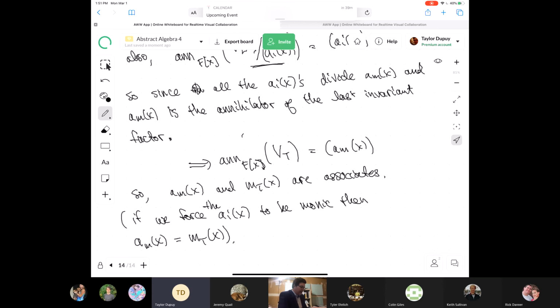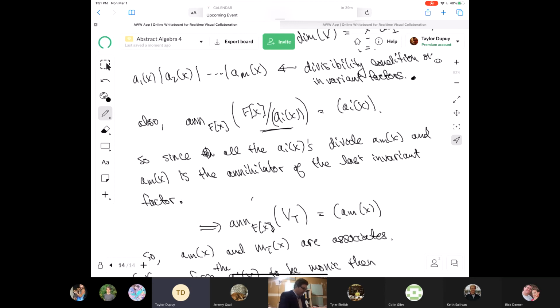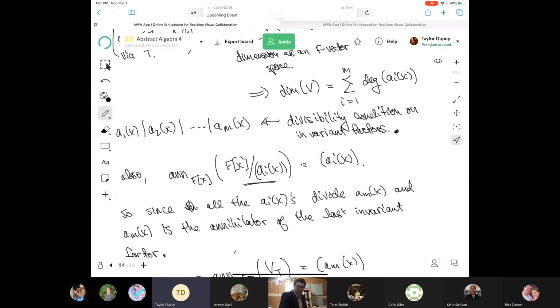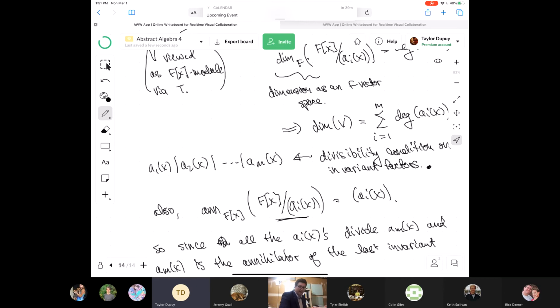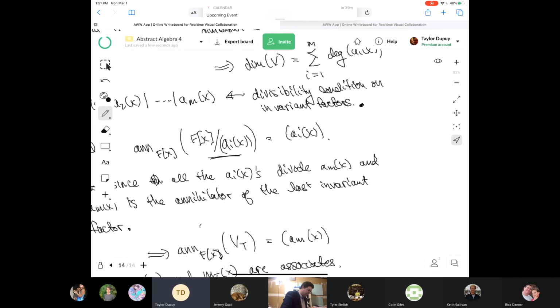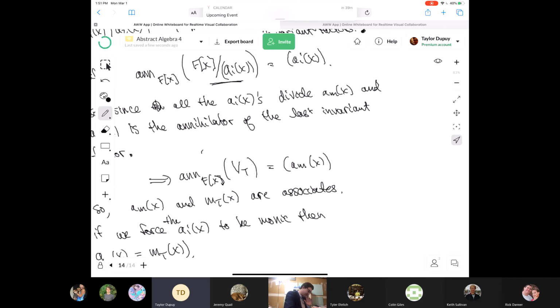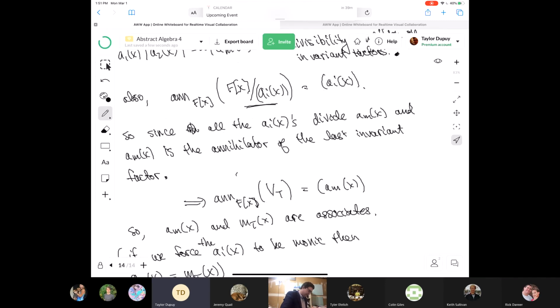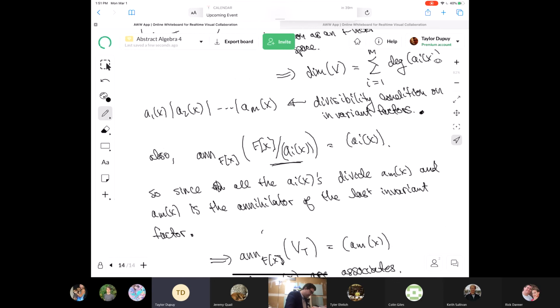Okay, so the last invariant factor is the minimal polynomial. And then you have a bunch of things that divide the minimal polynomial before that. Okay? So the last invariant factor is the minimal polynomial.